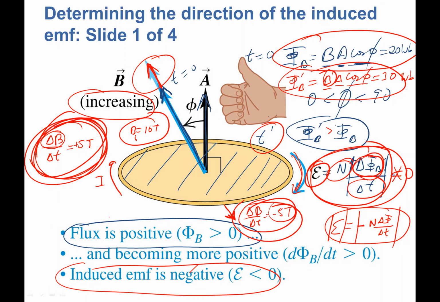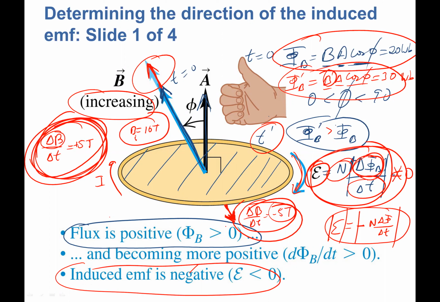Okay, so then how can the loop generate magnetic field opposite of that? Means let's say in this case a downward magnetic field. How can it generate a downward magnetic field? Well, the loop can do that if there is a current in the loop, right? Remember we talked about it in chapter 20. Remember that right-hand rule, the second right-hand rule, which is the magnetic field current combination.